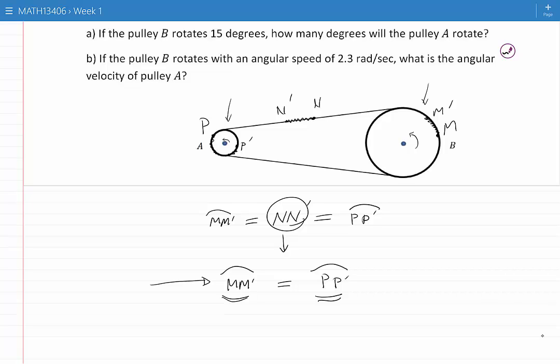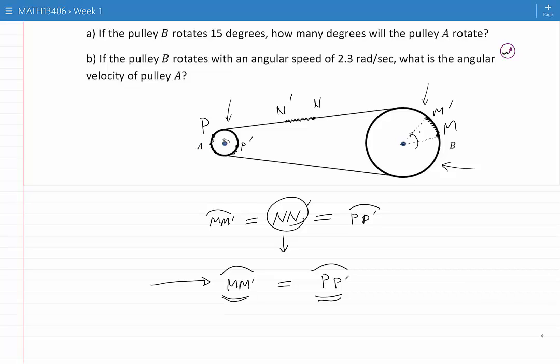However, MM prime is related to the angle of rotation of pulley B. Let's connect point M to the center and point M prime to the center.